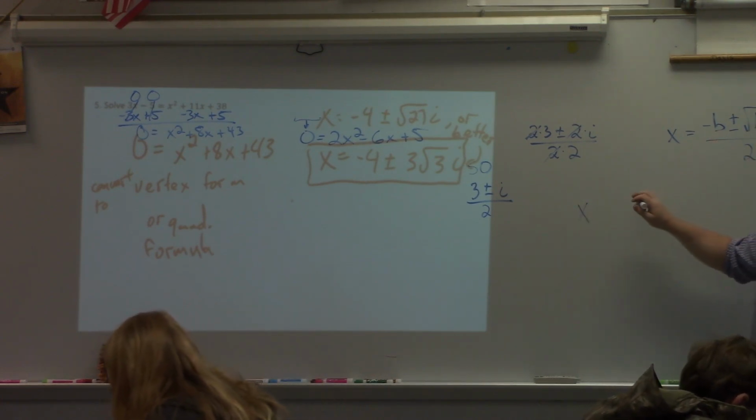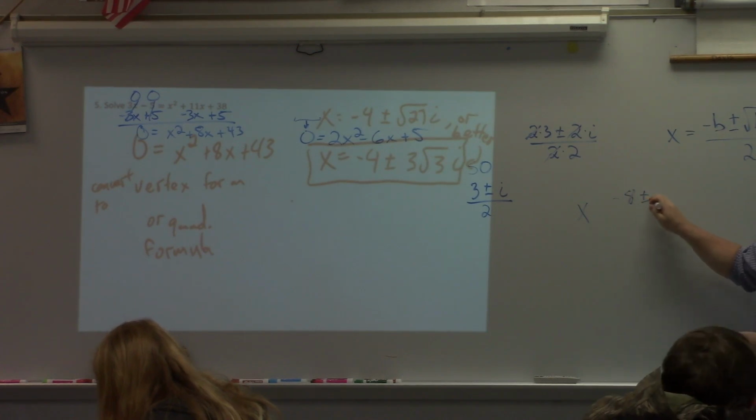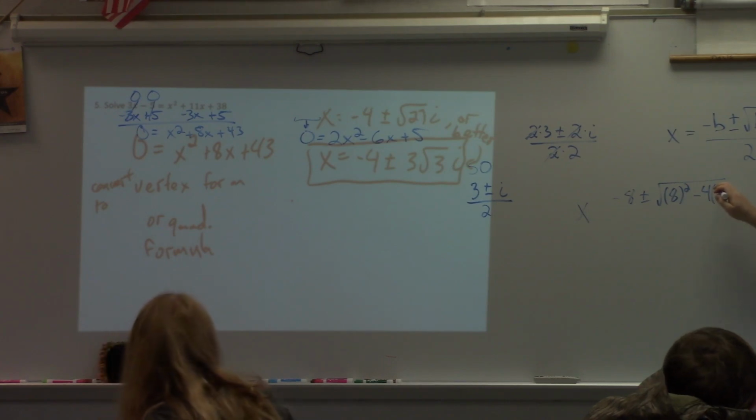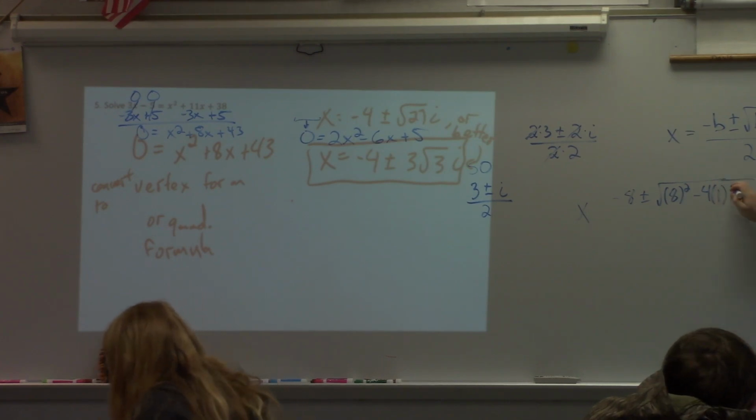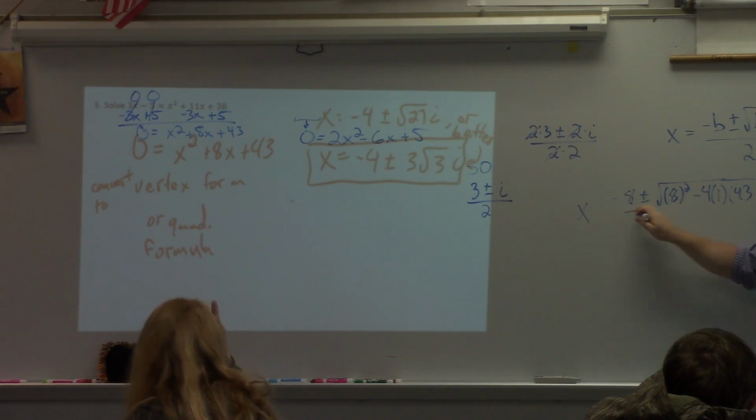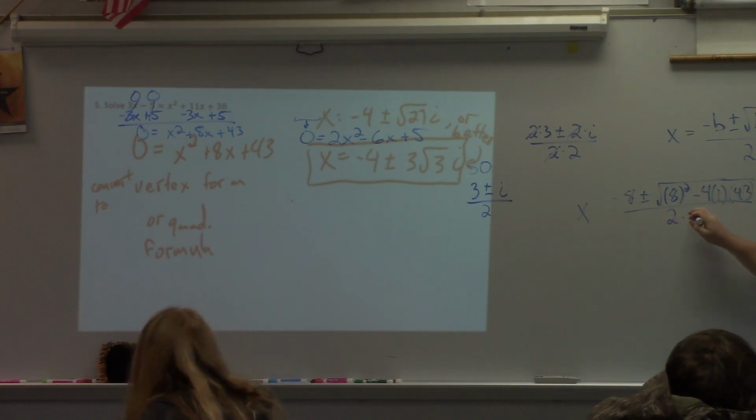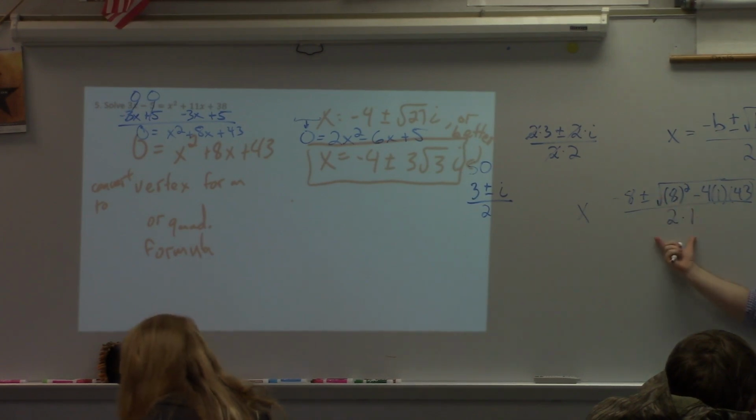So opposite of b gives me -8 plus or minus square root of 8 squared minus 4 times a, which was 1, times c of 43. Man, that is hideous. Divided by 2 times 1. Please notice how everything is being divided by 2a.